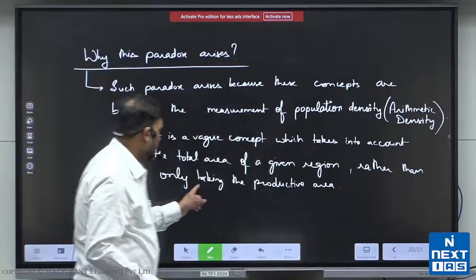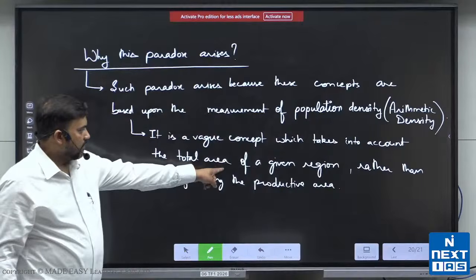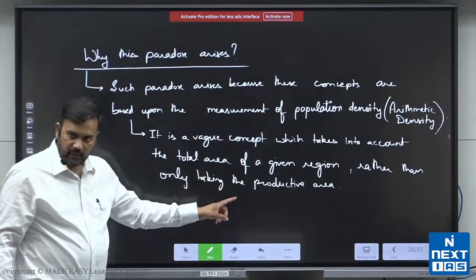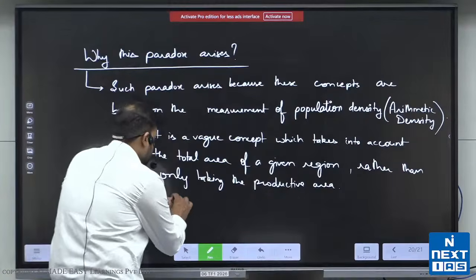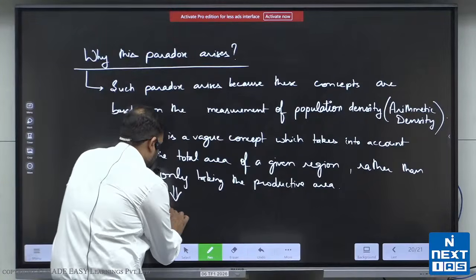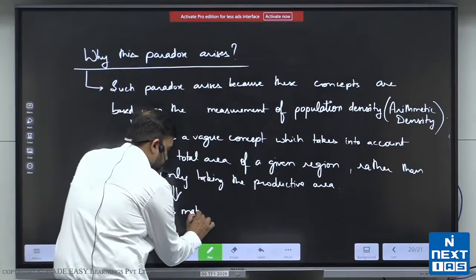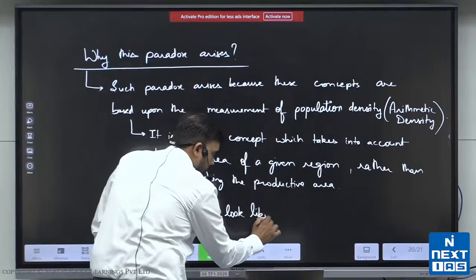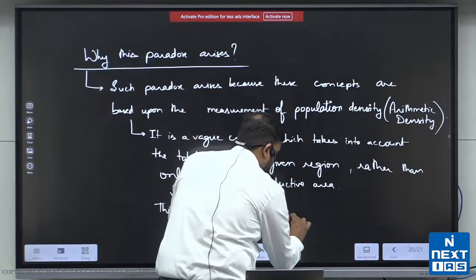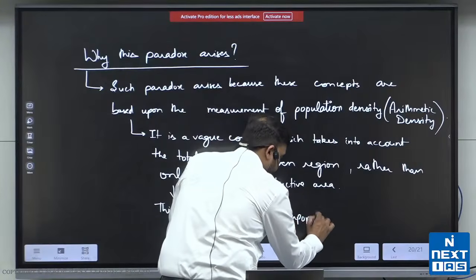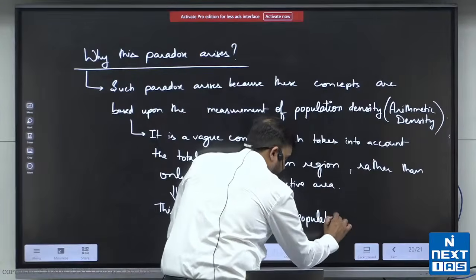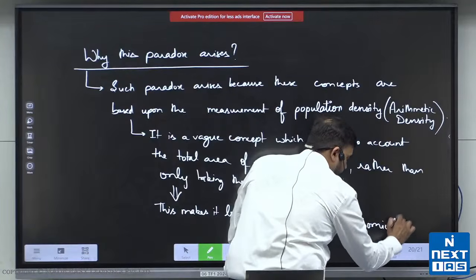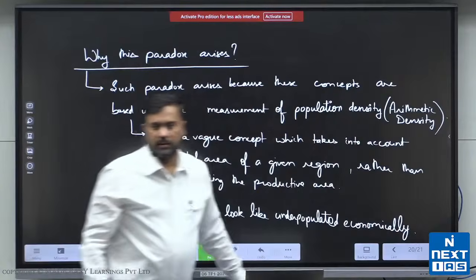So this is what we have written: total area of a given region rather than only the productive area. So this makes it look underpopulated economically.